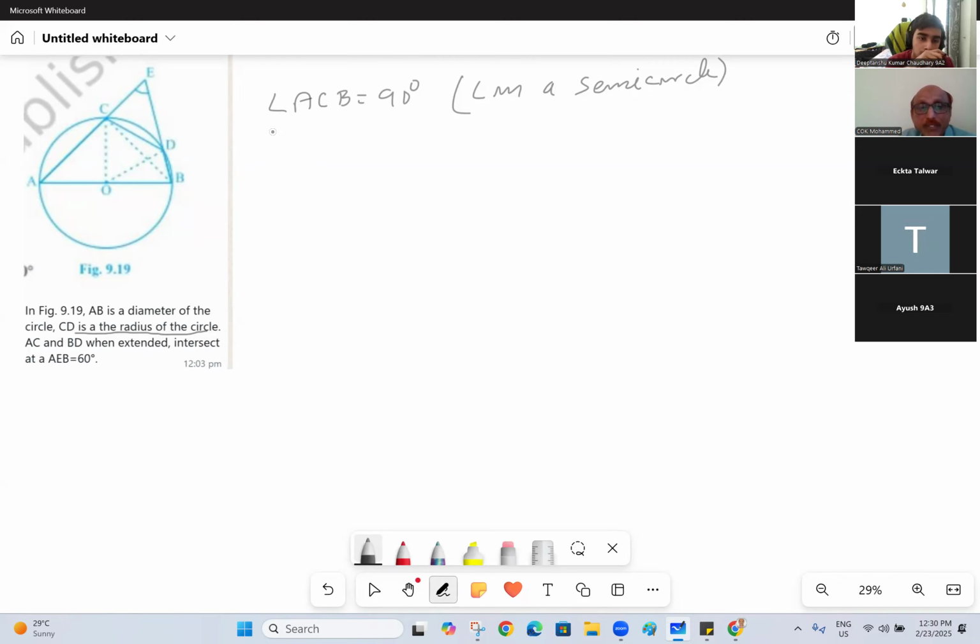That means CD equals OC equals OD. It's given. Then what can you say? Triangle COD. We want to prove that angle AEB is 60. I'm not writing it there, but we want to prove angle E equals 60. That's our target. So what triangle is triangle COD?